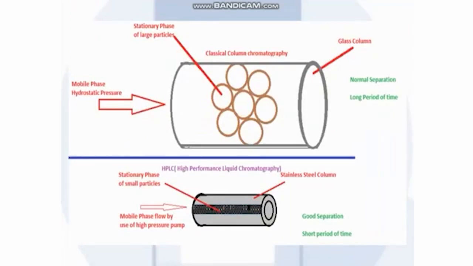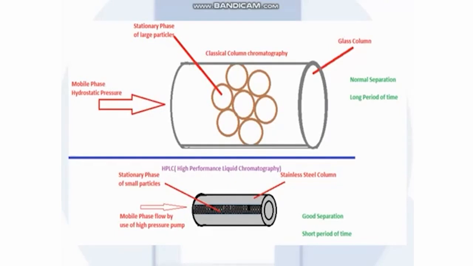Here in this picture, two columns are there. One column is classical column chromatography and the other is the column of HPLC. We already told that in HPLC, columns are packed with small particles.